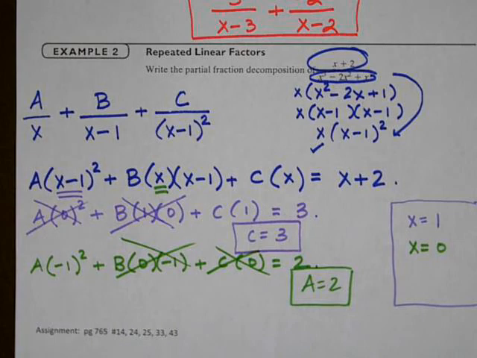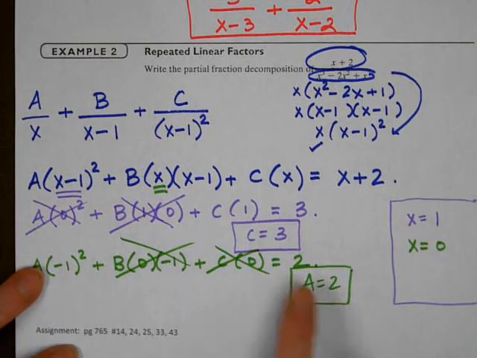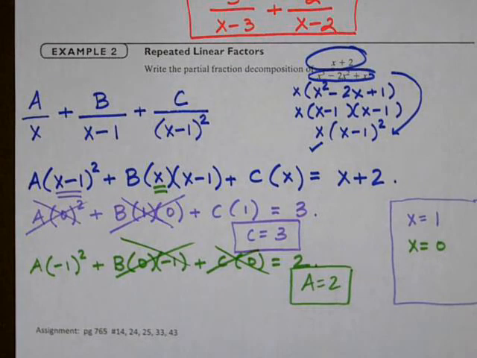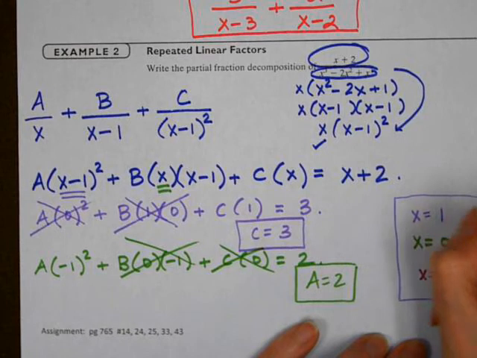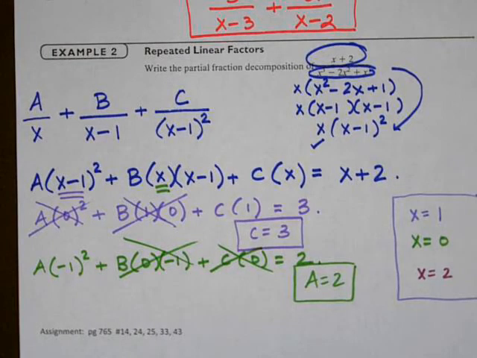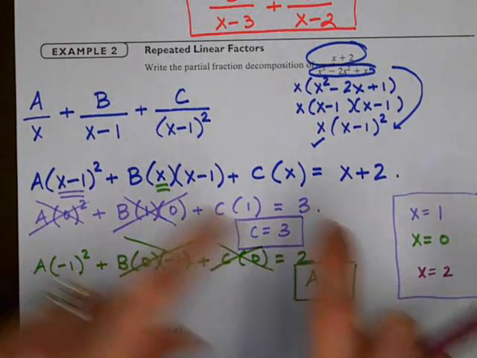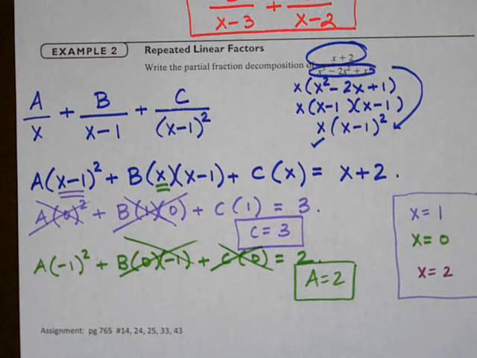And then for the last one, we can plug in a and c and any new x that we want, besides 1 and 0. So I'm going to do 2. Okay, so for this last one, to find b, we'll plug in c is 3, a is 2, and x is 2. And we'll be able to find b.